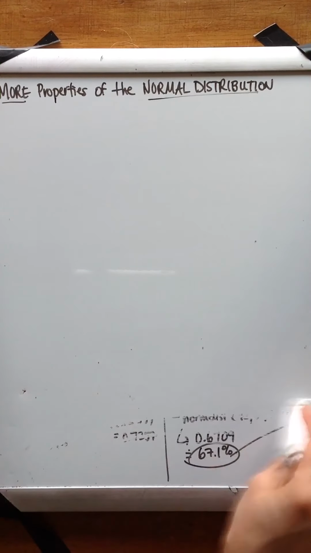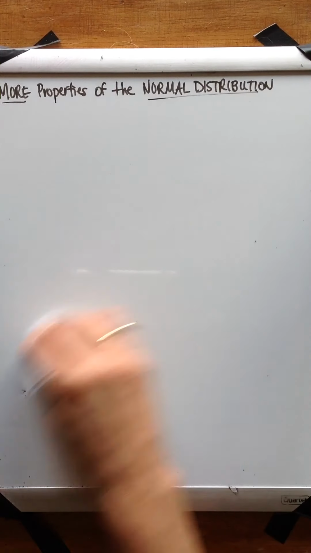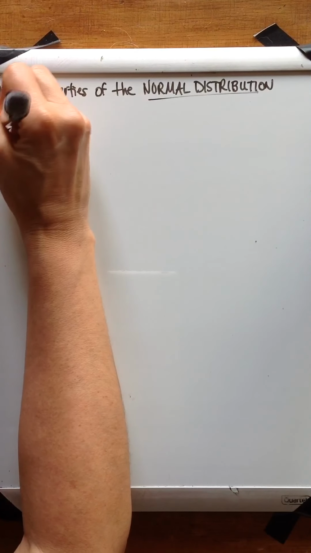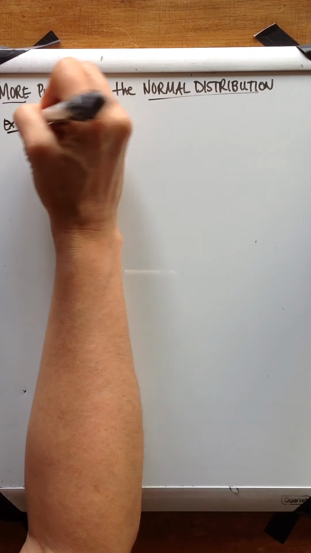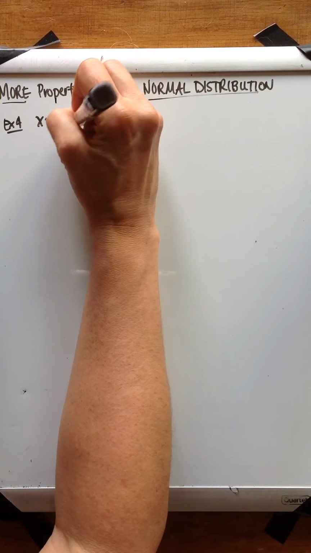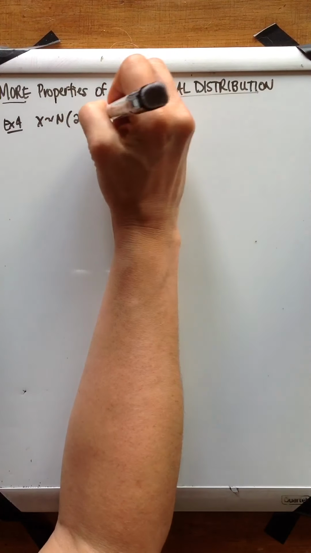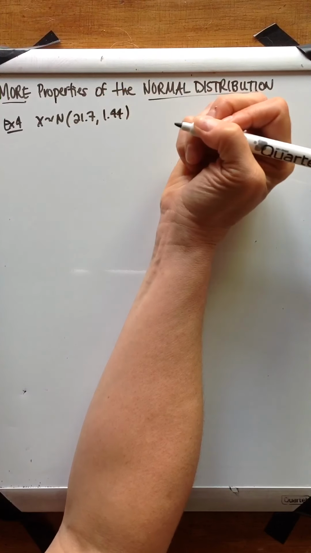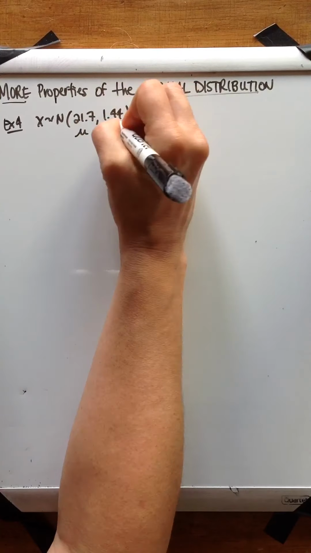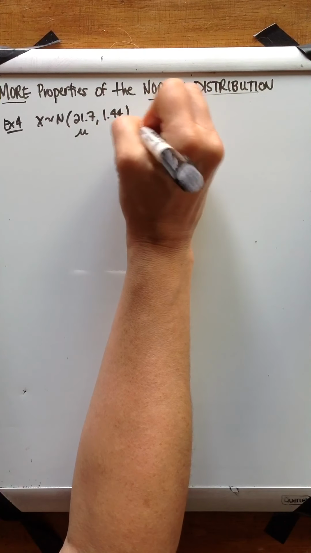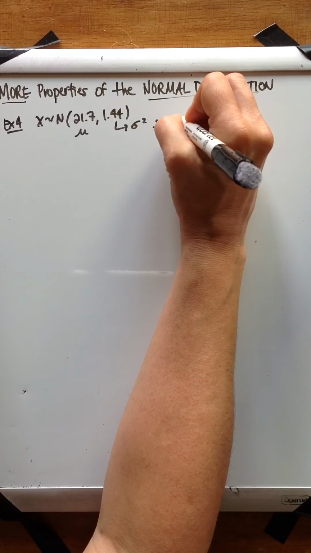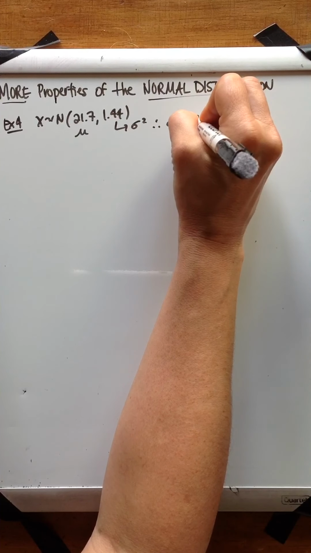Okay, in example 4, you have a normal distribution where the mean is 21.7 and the variance is 1.44. And again, one of the first things I like to do is to identify those things. This is the variance, so therefore I'm going to take the square root of it to find the standard deviation. That makes it 1.2.